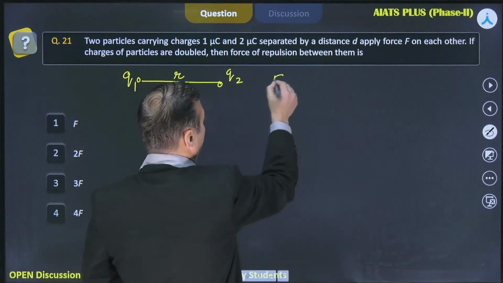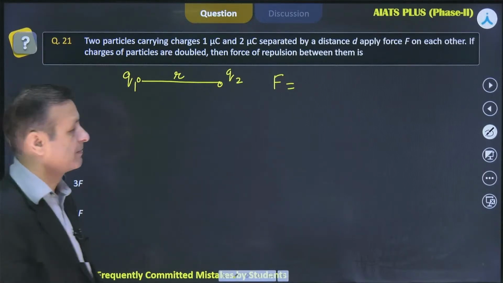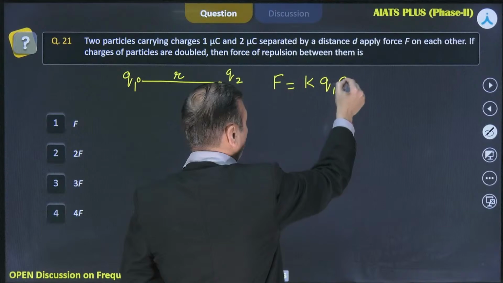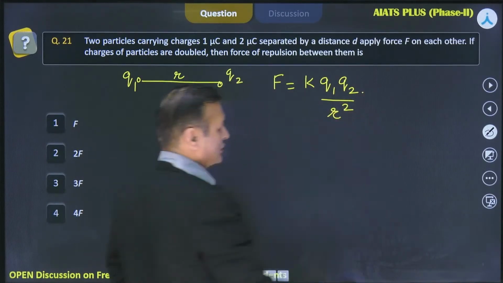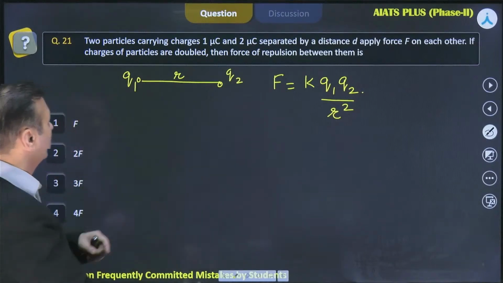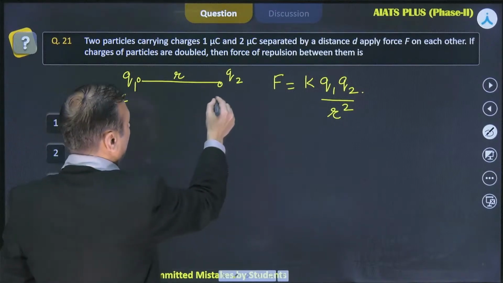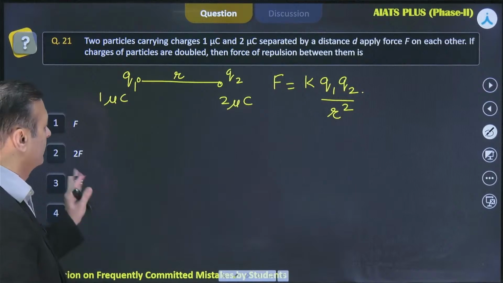What is the force between these two charges? Shall I put it as K Q1 Q2 by R square, where Q1 is given to us as 1 microcoulomb and Q2 is known to us as 2 microcoulomb.